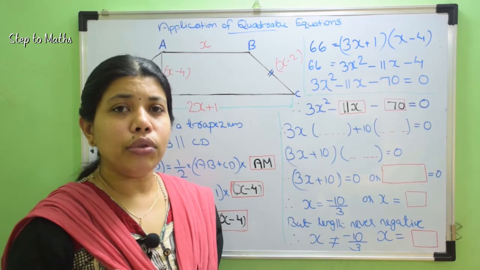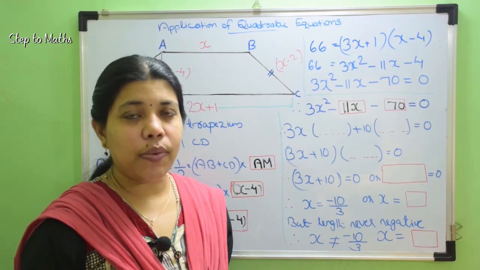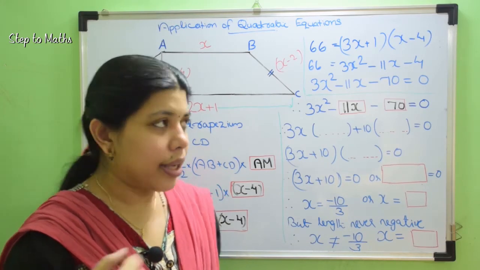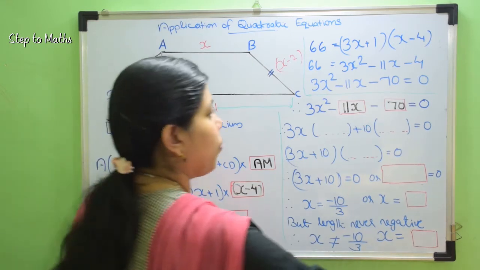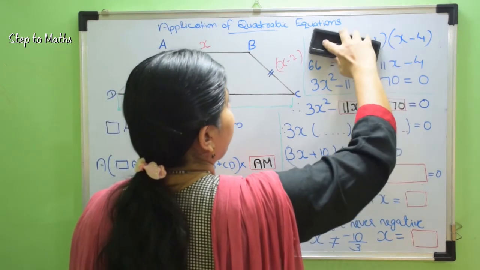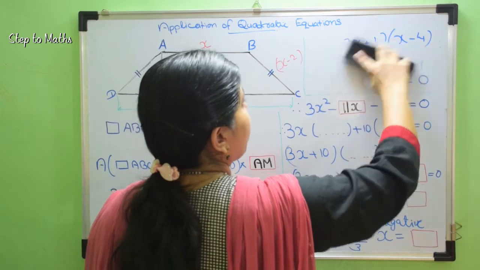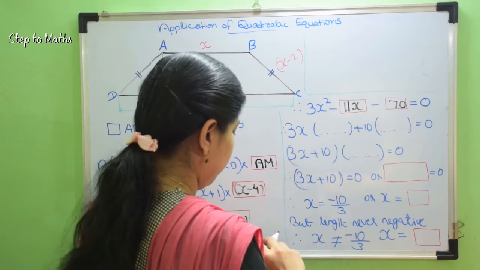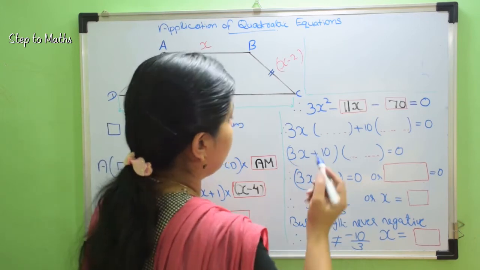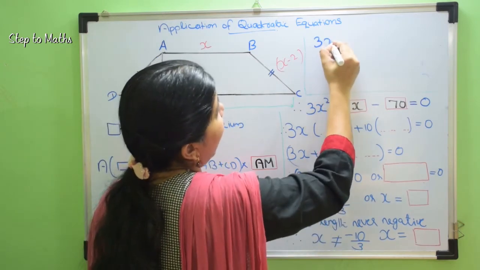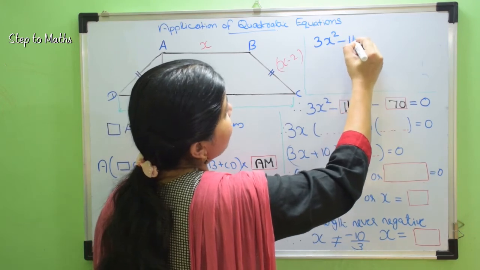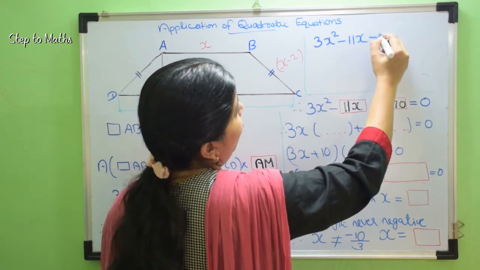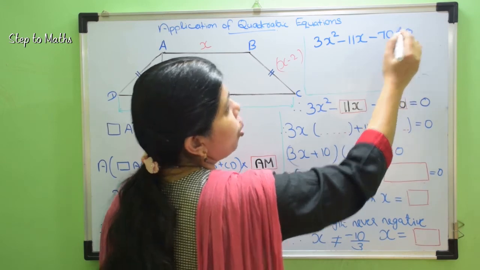Actually, we have to solve this quadratic equation to get the value of x. 3x square minus 11x minus 70 is equal to 0.